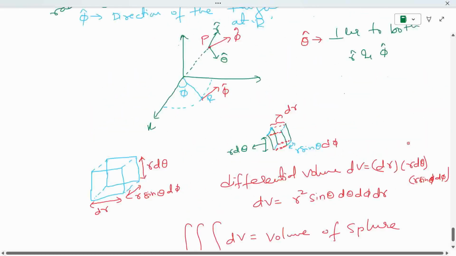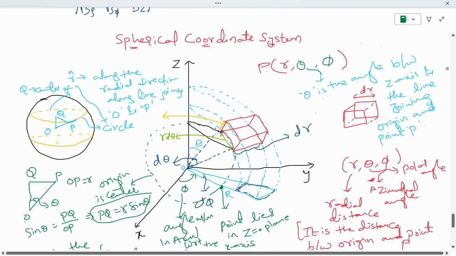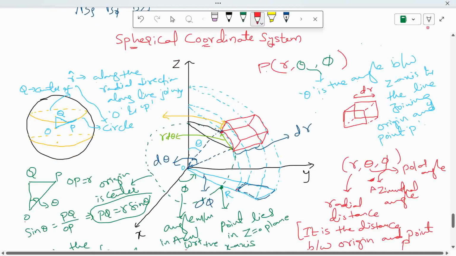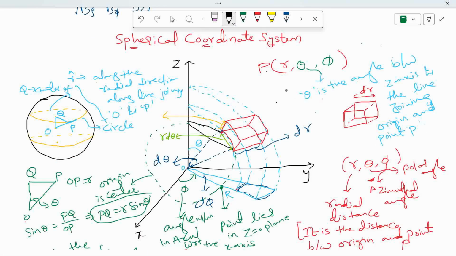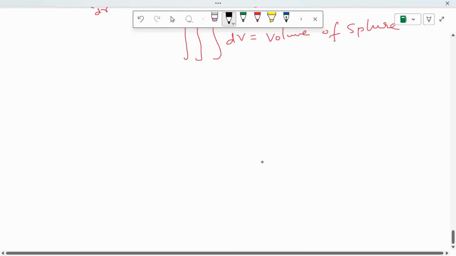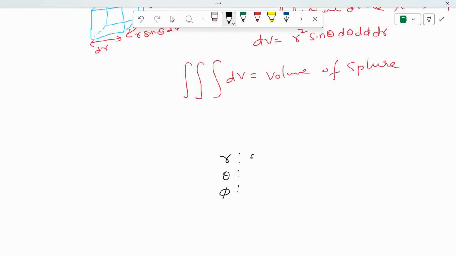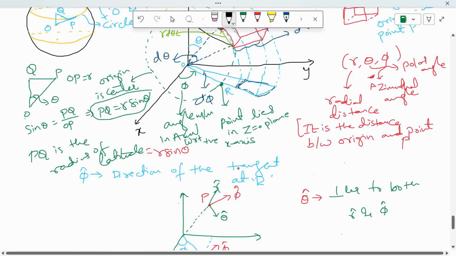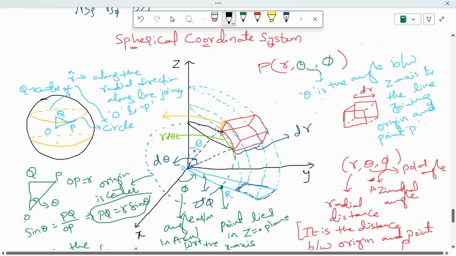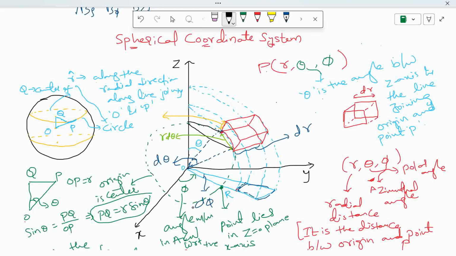Sorry, I forgot to tell one thing: the range of these coordinates. So let me write here the range of coordinates. We have r, theta, and phi. r ranges from 0 less than or equal to r less than infinity, and theta, the polar angle, if you see here with respect to the z axis, you can measure all the way up to this point.